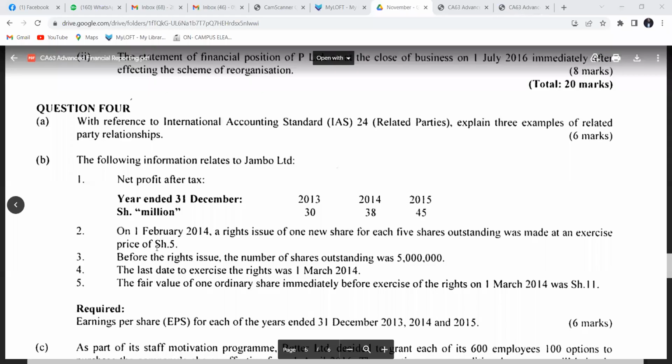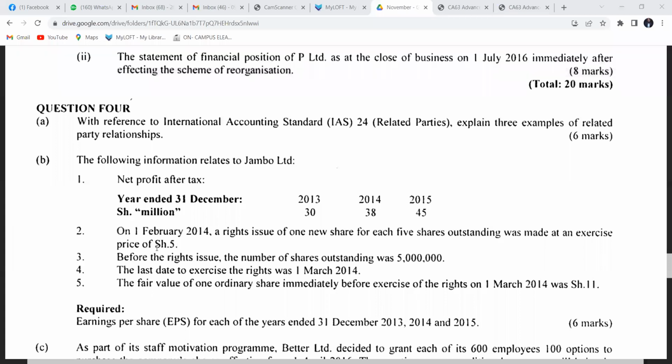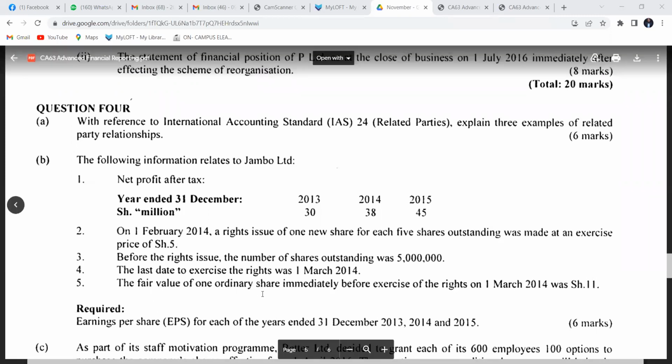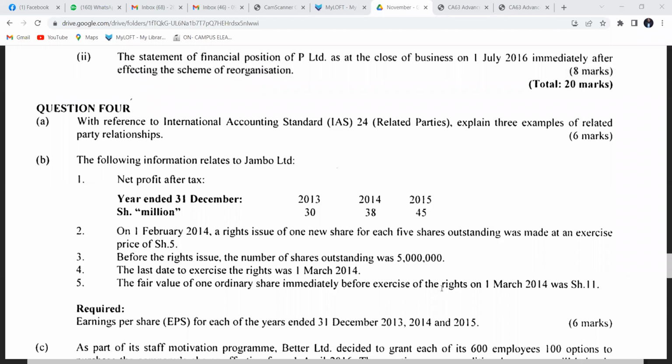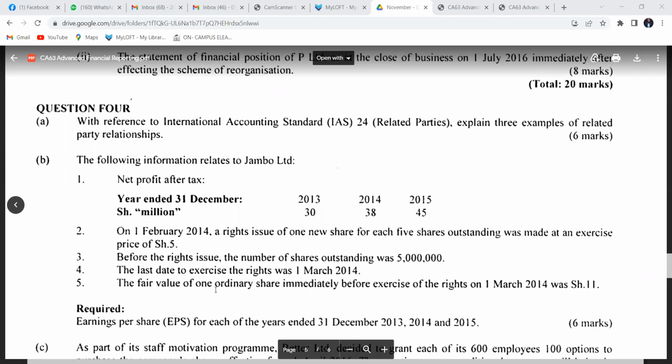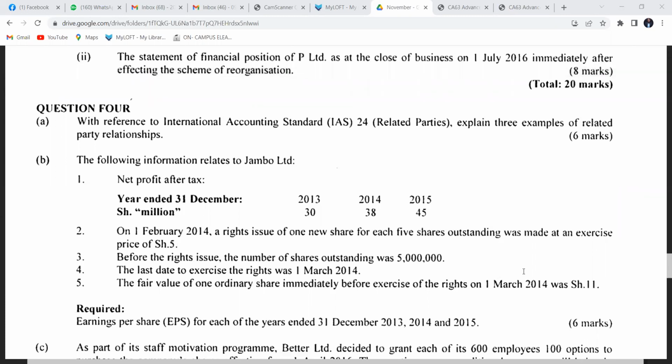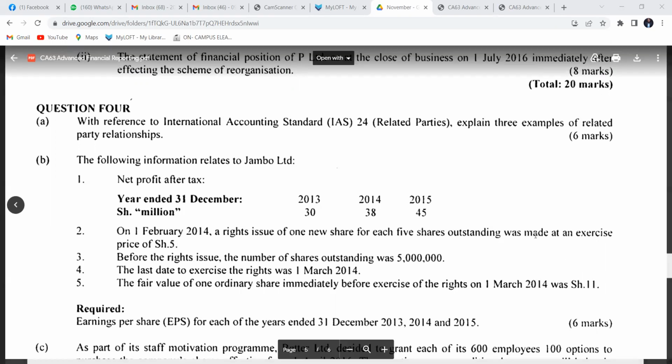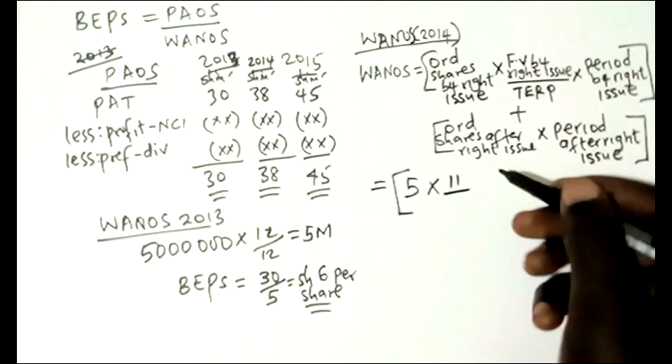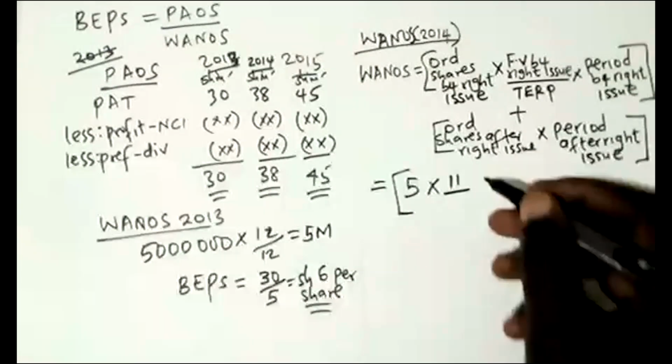In note 2, they said that on 1st February 2014, a rights issue of 1 new share for each 5 shares outstanding was made at an exercise price of 5. But looking at note 5, they said that the fair value of 1 ordinary share immediately before exercise of the rights on 1st March 2014 was 11. So 11 is our fair value. The theoretical ex-rights price we have to compute later.